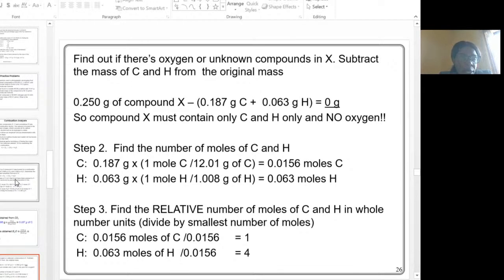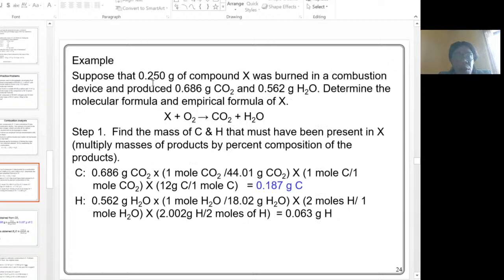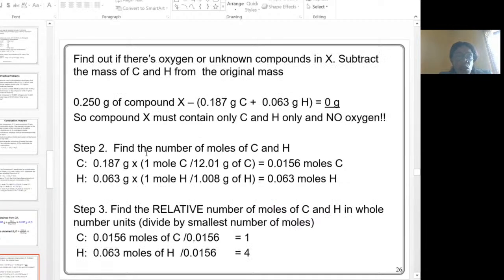If you go back to your question, it says that suppose that 0.250 grams of compound X was burned in a combustion device, giving you those products. So we have this original mass of compound X. You subtract 0.250 grams minus the two masses, the mass of carbon and the mass of hydrogen.